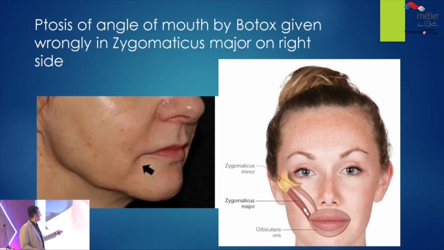So this is what happens. Similarly here, there is wrong placement of botulinum toxin in the zygomaticus major on the right side. That relaxed the zygomaticus major and resulted in depression of the angle of the mouth on the right.